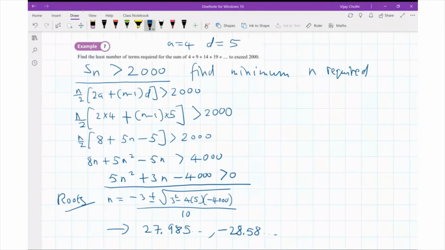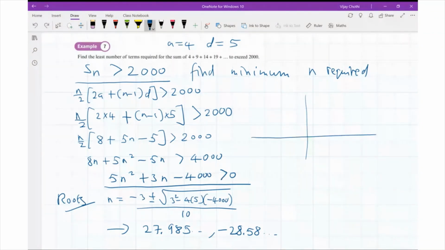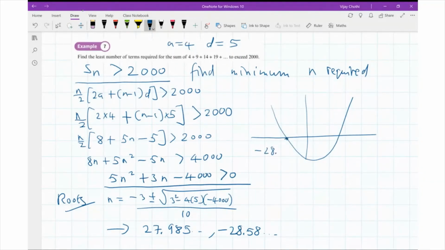Okay, when you solve a quadratic inequality, you consider the sketch and you locate the roots. The shape is a positive quadratic. So minus 28.58 is over here. The other root is 27.985. The inequality is greater than 0, which means you need to think about the region on the graph which is above the x-axis.